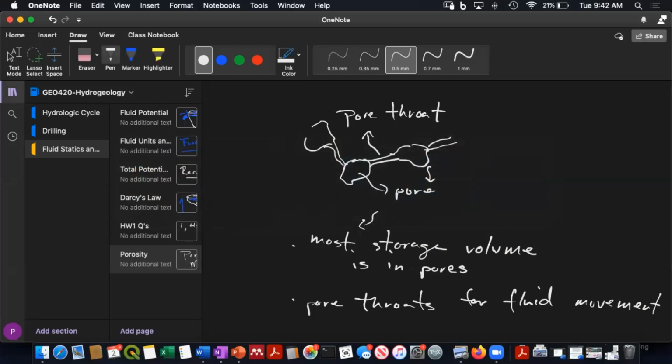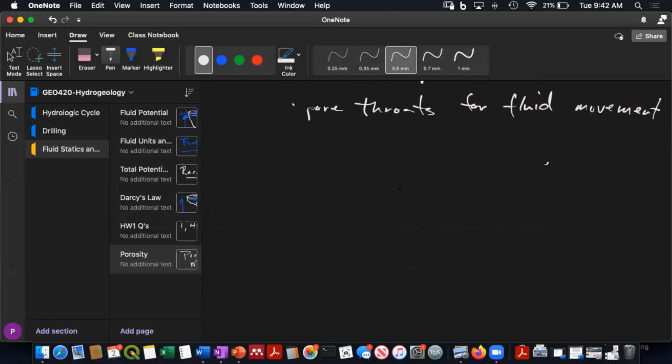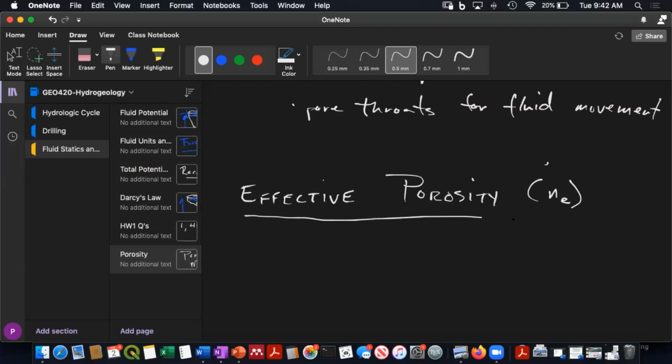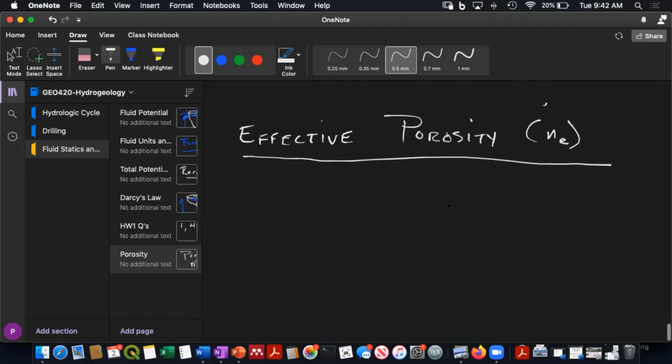Now we're going to do one final discussion on porosity, and that is on effective porosity. In order to think about effective porosity, I'm going to draw two cross sections, one of a sandstone.